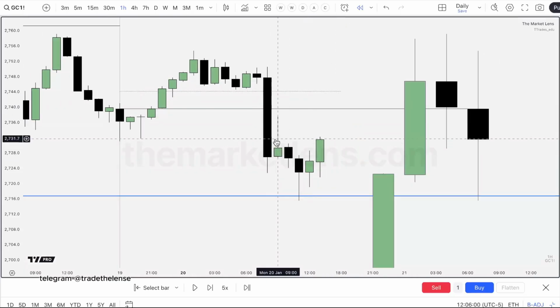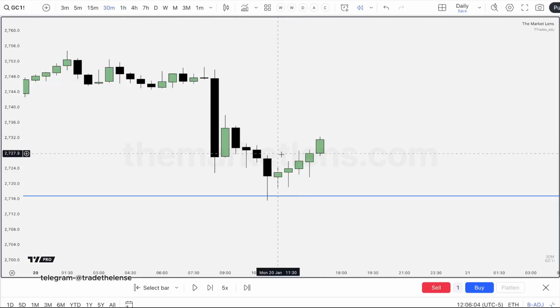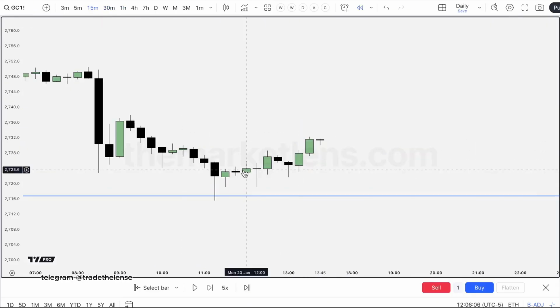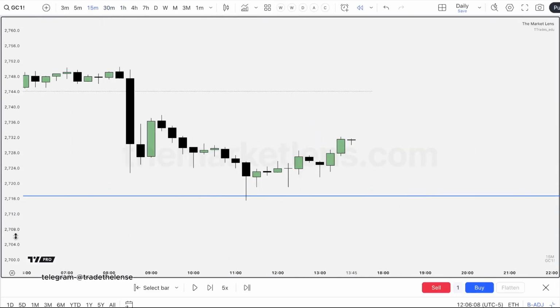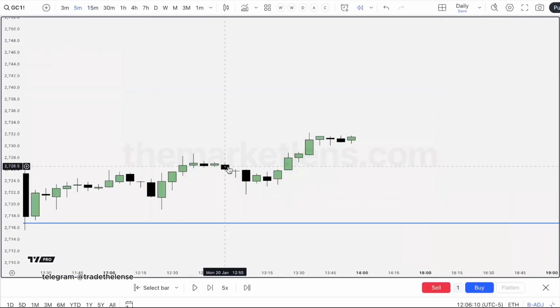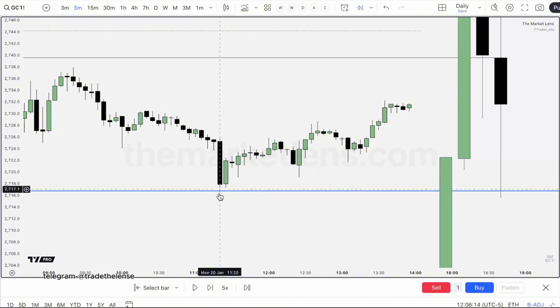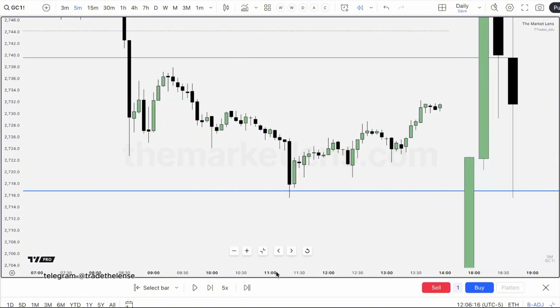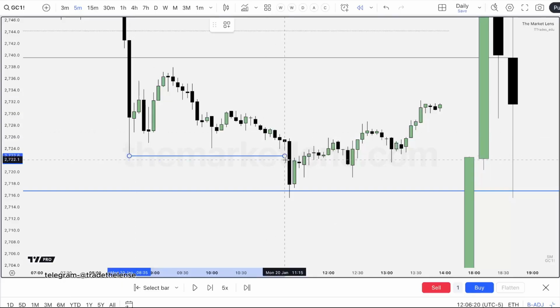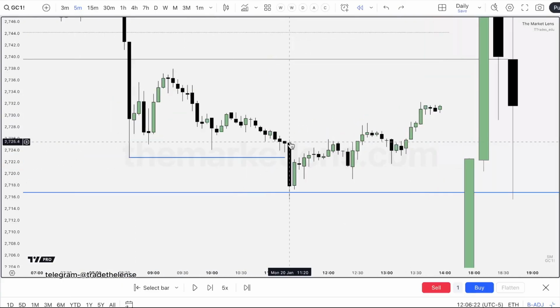But you see how this was an aggressive move out and then back in? It'll be more clear on maybe a 15, 30. We're getting an aggressive move lower. We're going to have to go all the way to a 5. See how this aggressive move lower is convincing enough below the lows to where that's going to induce people who think it's going to go further short. And then it comes back into the range.